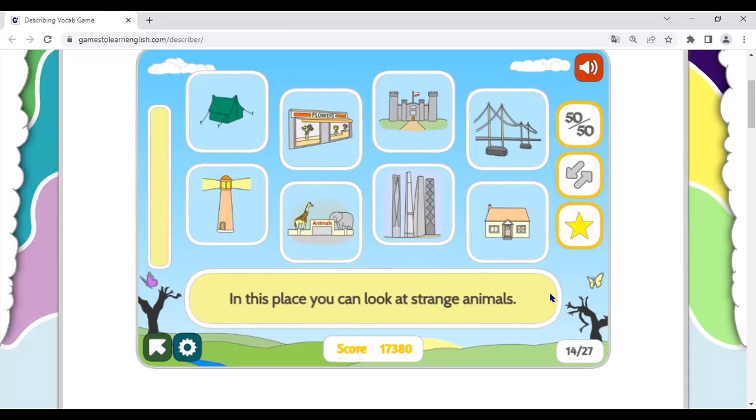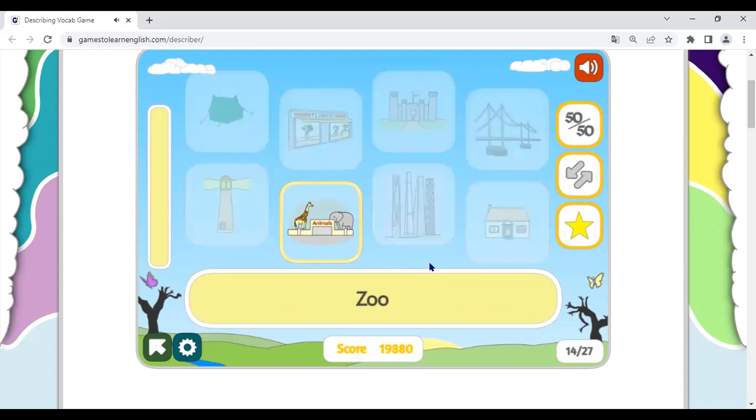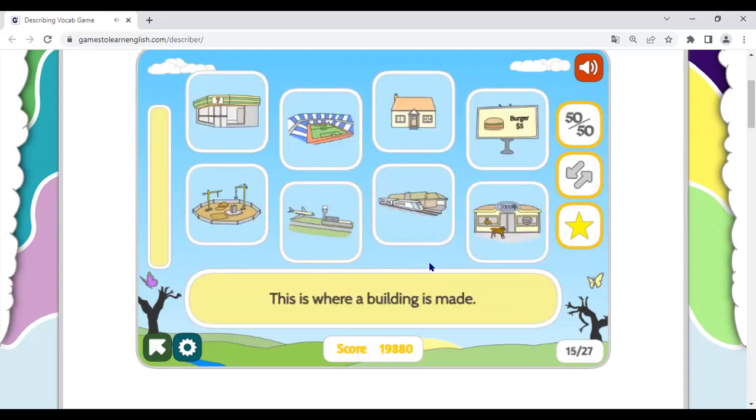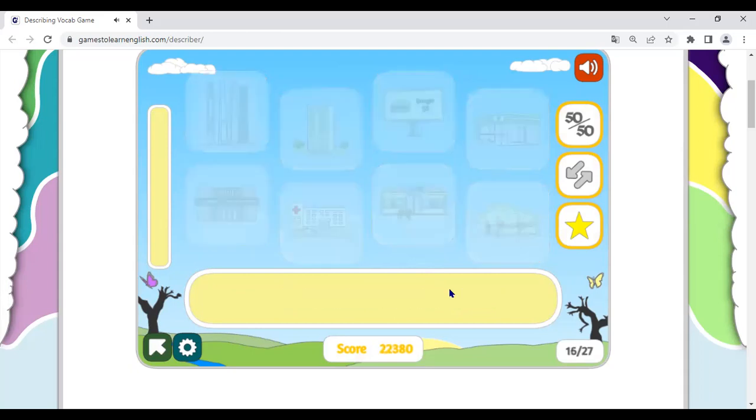In this place, you can look at strange animals. Zoology. Shorter, make it shorter. Only 3 letters. Zoo. Okay. This is where a building is made. Construction. Okay, let's see. Construction site. Yeah, construction site.